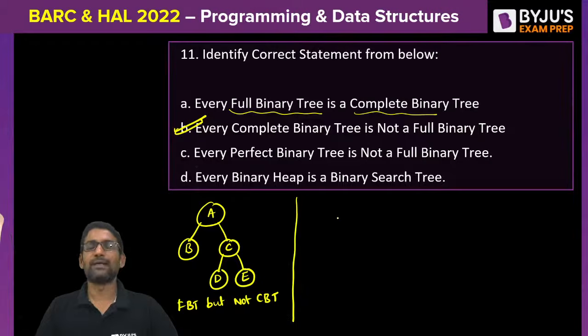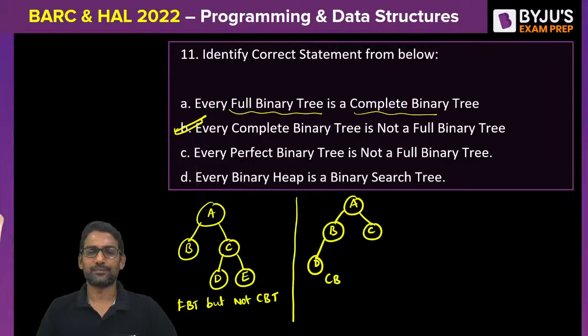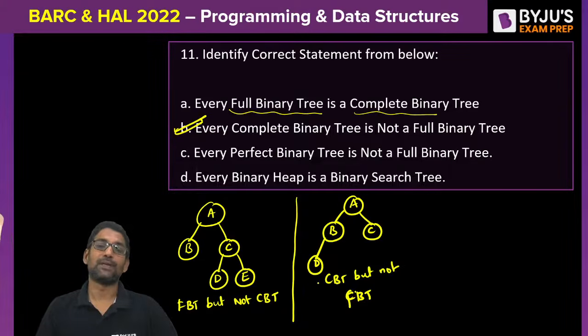Every complete binary tree is not full. Here it is complete but not full because node B is having one child. Full means either 0 or 2 children. One child is not allowed. Every perfect binary tree is not full.